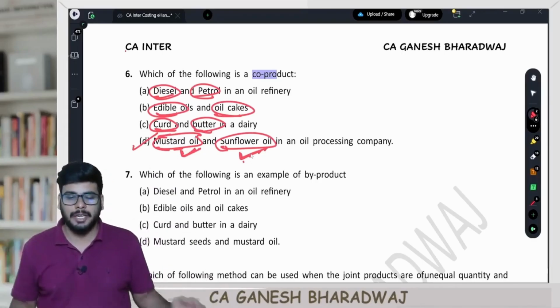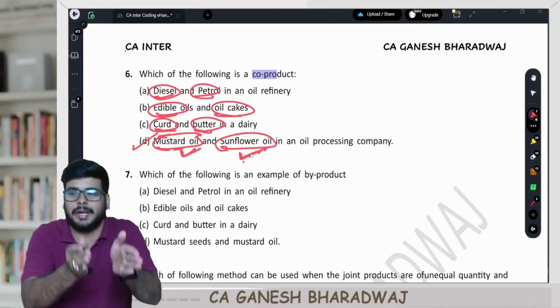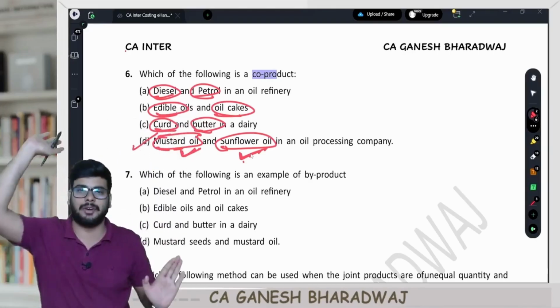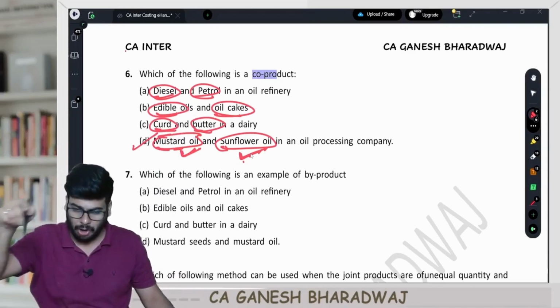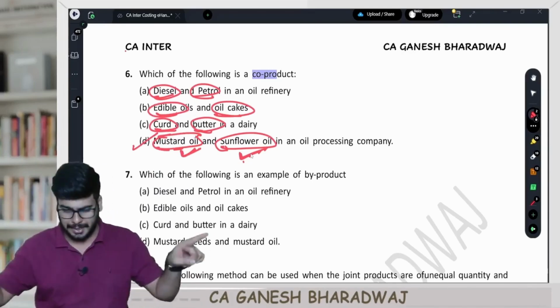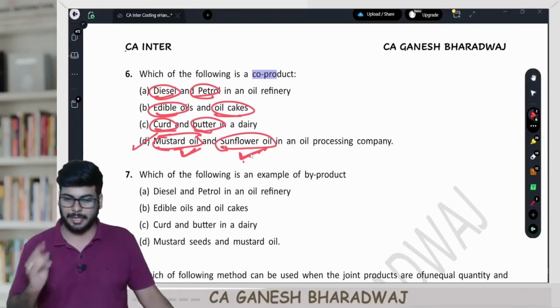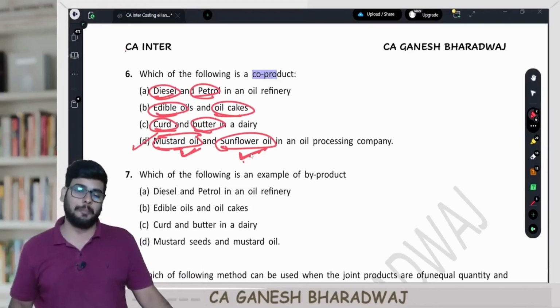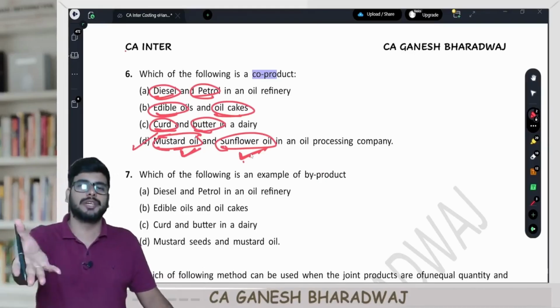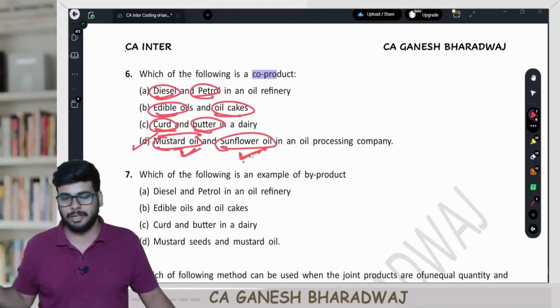But what they have done, to some level processing, they are doing it together. And from a point alone, mustard oil and sunflower oil are taken separately. Are they inseparable? Nothing like that. They can be separated. Still the company is doing it together. This is the difference between a co-product and a joint product. I want to do it together, so I'm calling it a co-product instead of a joint product.